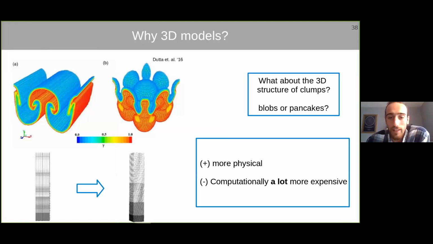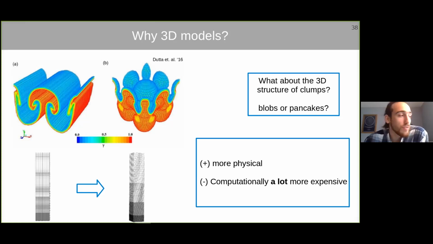So one might think, why do we need 3D models? Well, all of these instabilities that we saw in these 2D models are very reminiscent of the Rayleigh-Taylor instabilities that we encounter in gas flows sometimes. We know that Rayleigh-Taylor instabilities are different in 3D than in 2D.